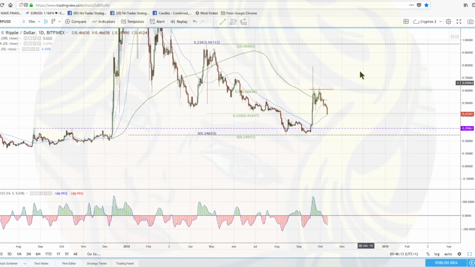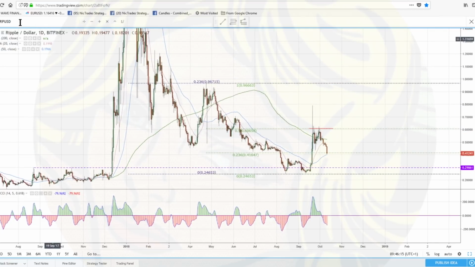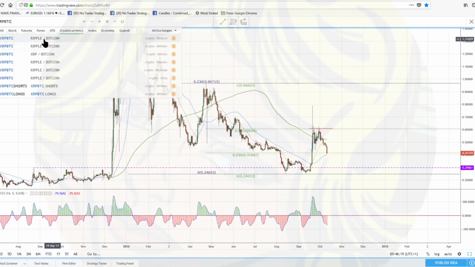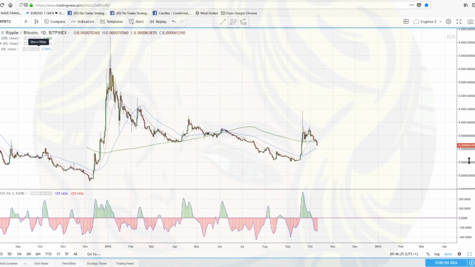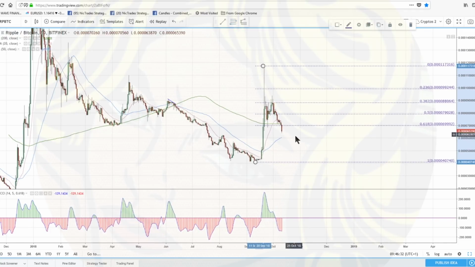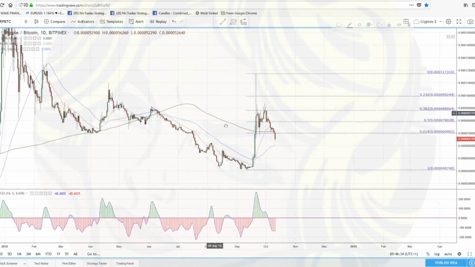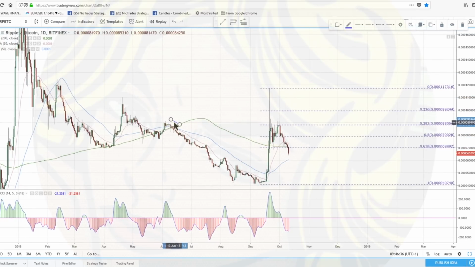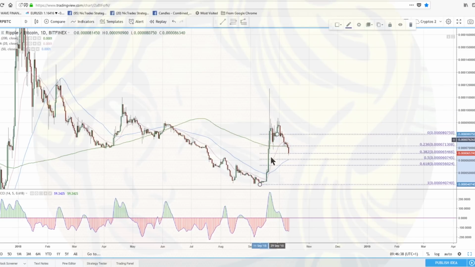If we look at Ripple Bitcoin, have we got a similar setup? Let's see. Ripple, if you're trading it in Bitcoin. Now this one, let's see where we are in terms of Fibonacci retracement.